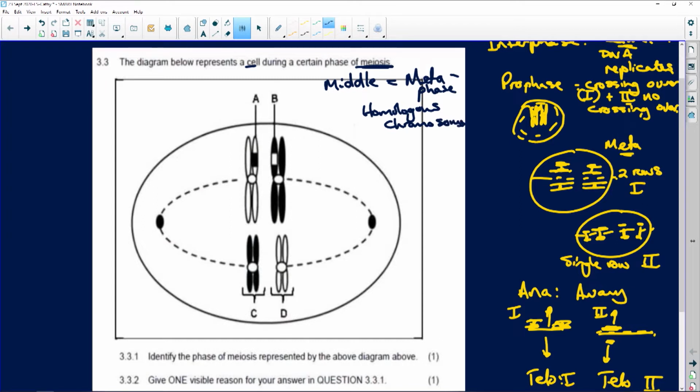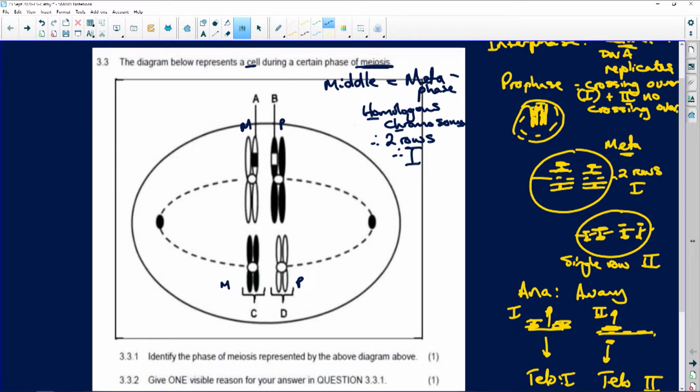So here's one homologous chromosome. Maybe that's the maternal one, and that's the paternal one. And here is the maternal one, and that is the paternal one, or the other way around. You've got your homologous chromosomes lined up. So there are 2 rows, and therefore it is going to be metaphase 1. If they were single chromosomes, then it would be metaphase 2.